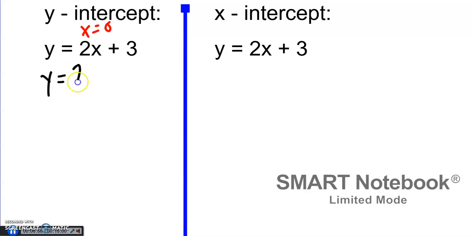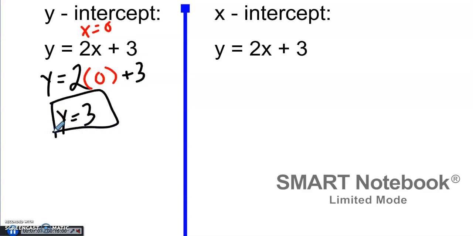So I get y equals 2 times 0 plus 3. So y is equal to 3. So the y-intercept is going to have a value of 3. And we can see this is in slope-intercept form, so we can automatically deduce that this is 3 because of slope-intercept, right?